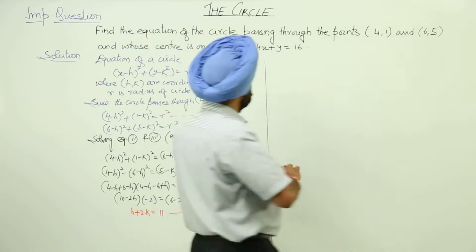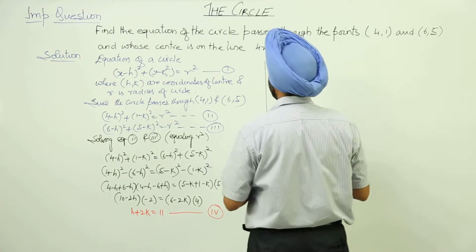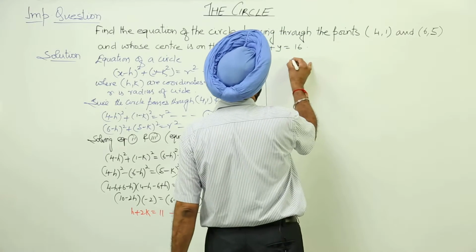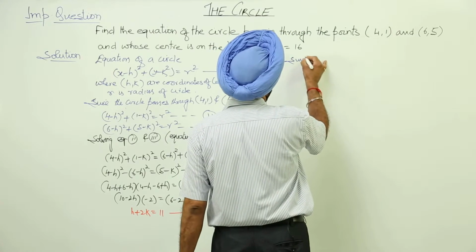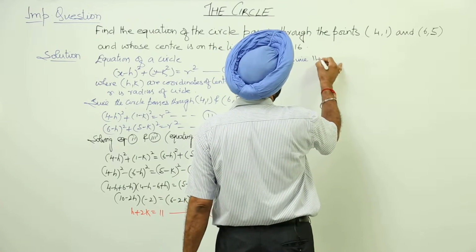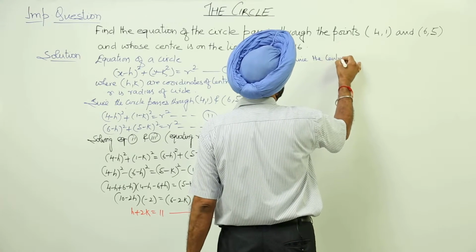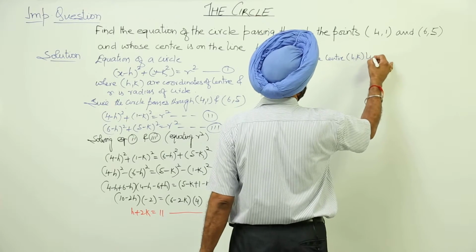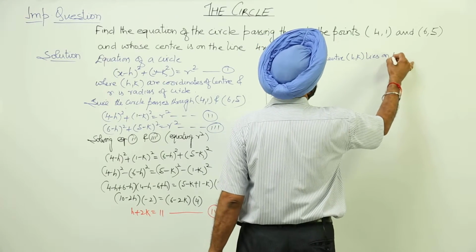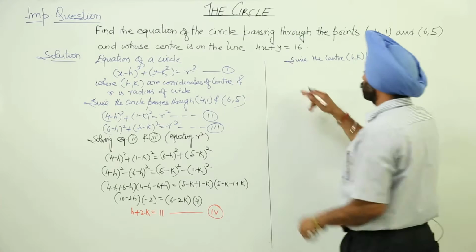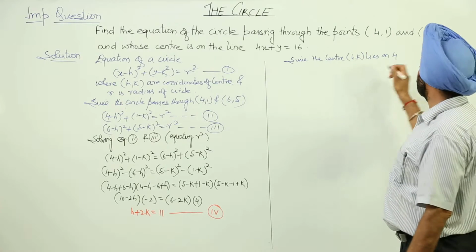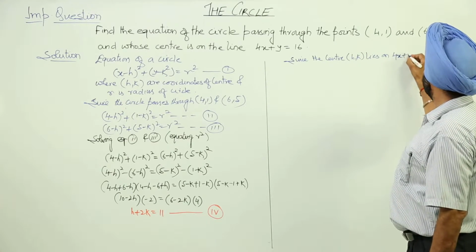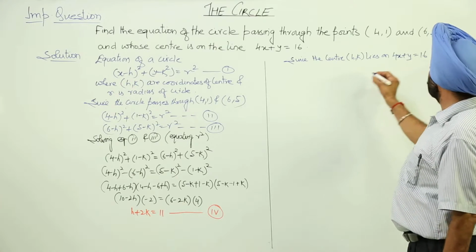Now, since the center (h, k) lies on the given equation, and the given equation is 4x + y = 16.